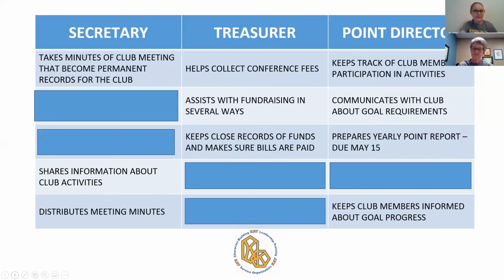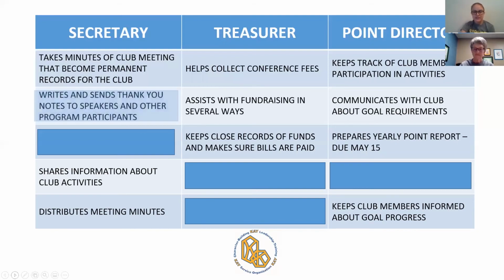All right, writes and sends thank you notes to speakers and other program participants. This is for our secretaries. So one of the really key things that we talk about in KAY is appreciation. It's one of our big things that we talk about at camp every year, and it's so important to show appreciation for those who have helped you and who have supported you.